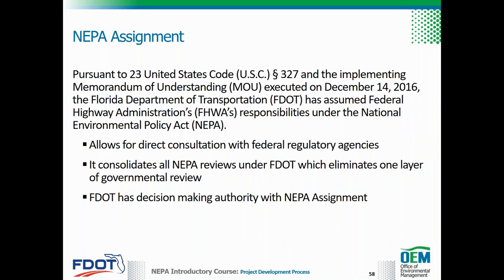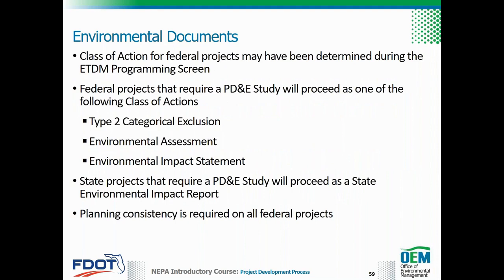NEPA assignment has some of the following features. It allows for direct consultation with federal regulatory agencies. It consolidates all NEPA reviews under FDOT, which eliminates one layer of governmental review, and FDOT has decision-making authority with NEPA assignment. For more information, NEPA assignment training has been provided on OEM's training program website.